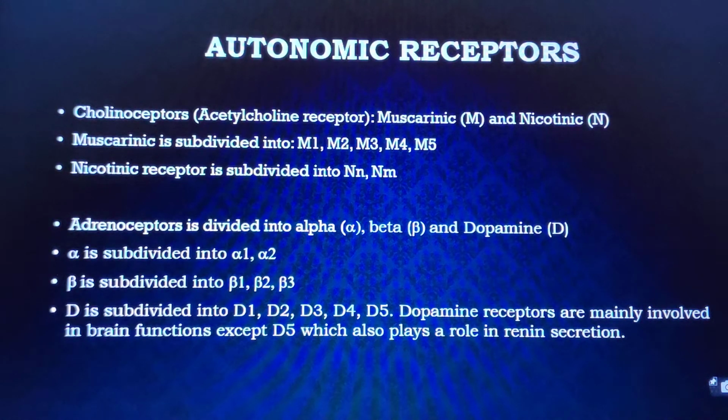And dopamine is subdivided into D1, D2, D3, D4 and D5. Dopamine receptors are mainly involved in brain functions, except that D5 has some role in the renal vasculature and is responsible for renin secretion. Otherwise, for all practical purposes, dopamine is a central neurotransmitter.